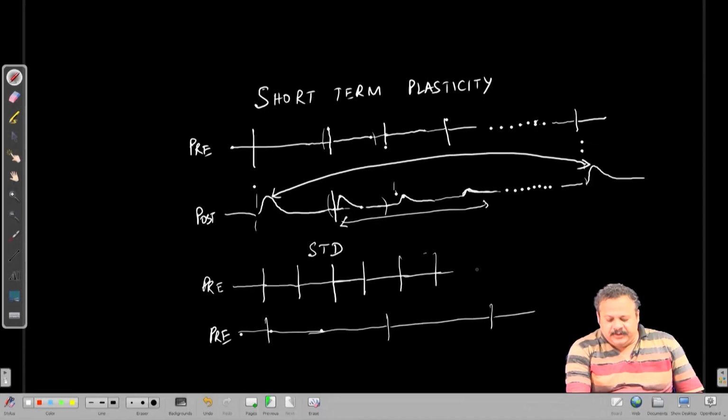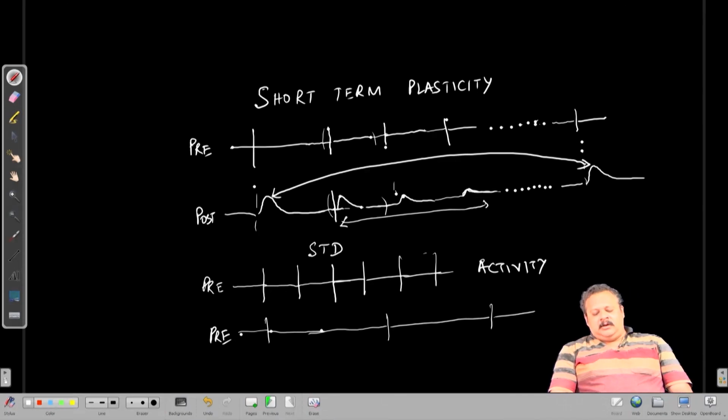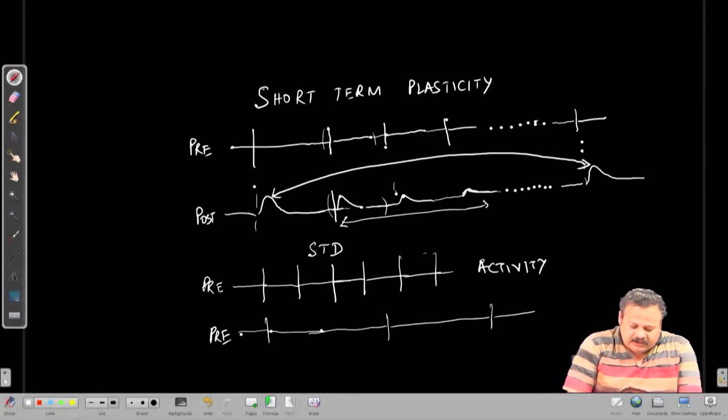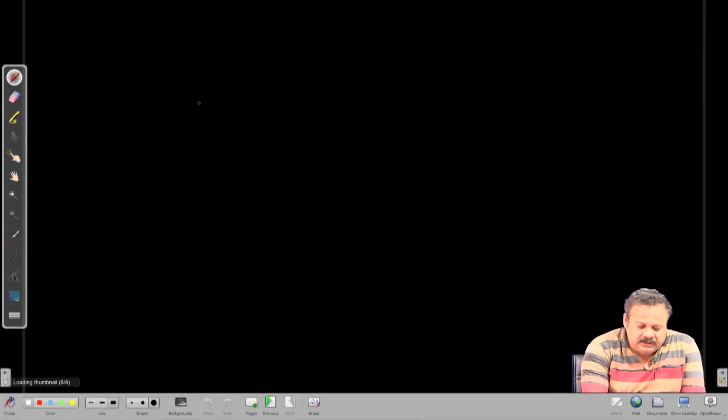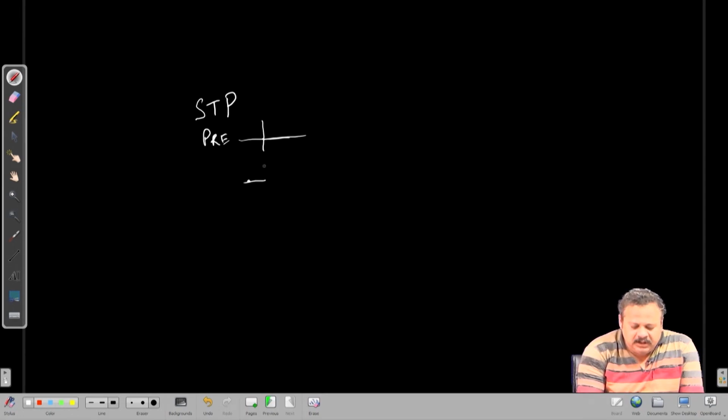So, if this is the presynaptic activity, then that essentially is going to determine the properties of the short term depression that we are observing. And similarly, instead of short term depression, we can also see short term facilitation or potentiation, where we do have an action potential on the presynaptic side, and we measure the EPSP size.